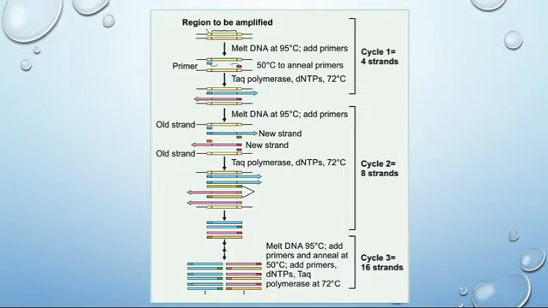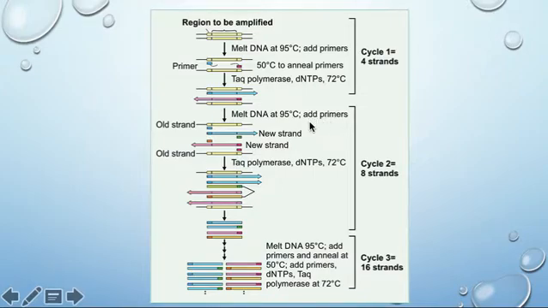Now after that, at 72 degrees centigrade, the two DNA strands are attached to the primers as you can see here, and then you can see that the newly synthesized strands are a little bit longer than the template or the target DNA strand. So after this the DNA strand is melted at 95 degrees.